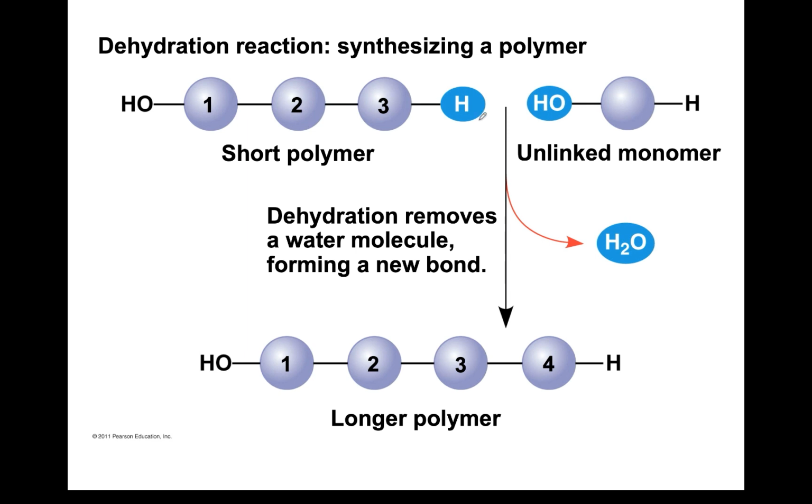Then once water is released, these two chemical compounds can join together. Therefore, this is a longer polymer. Before the reaction, it was a short polymer, but this short polymer adds one more monomer, then the length of the chain is longer. This is a dehydration reaction.